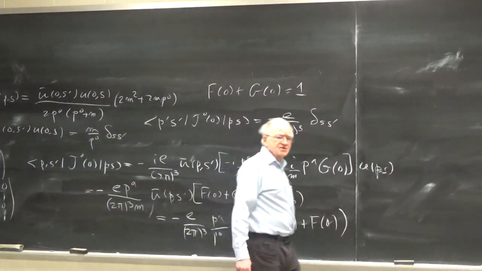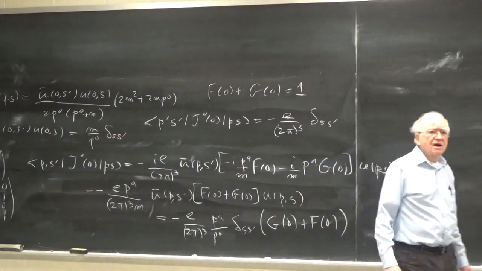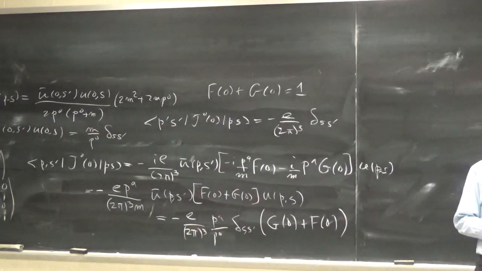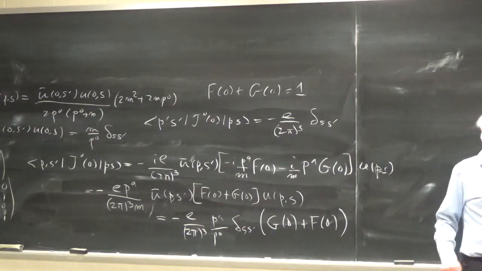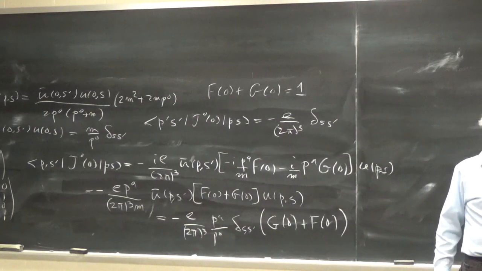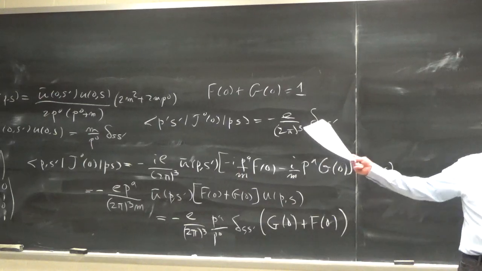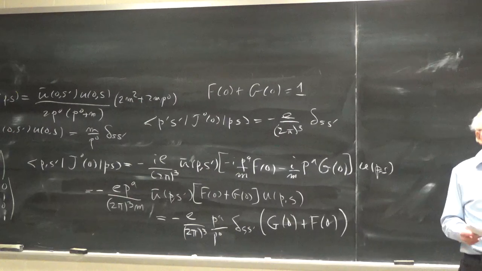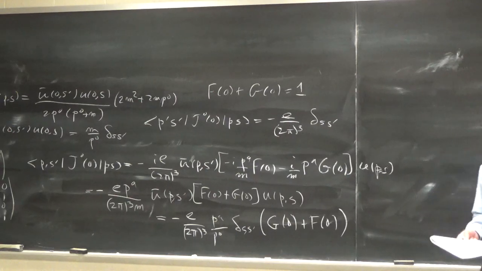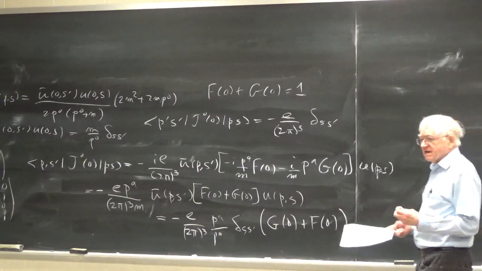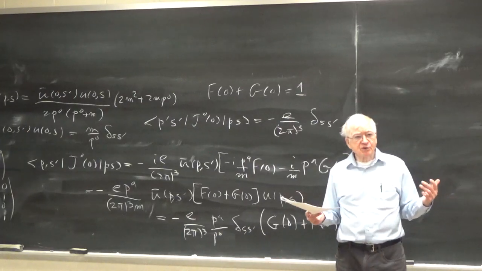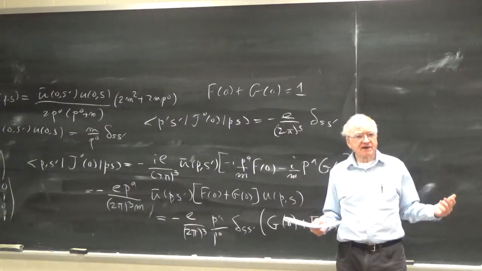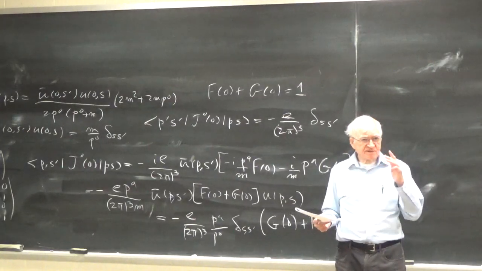Alpha, you mean the alpha over 2 pi? I don't think that was G of 0. We're talking about the same vertex correction. And part of the vertex correction can be used to calculate the magnetic moment of the electron. So I'm getting to that.